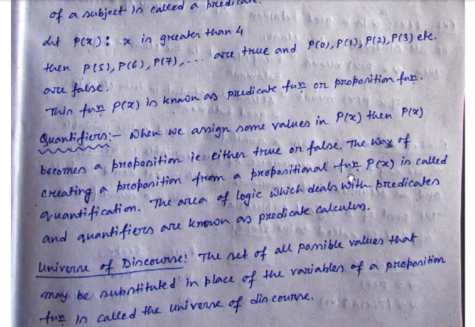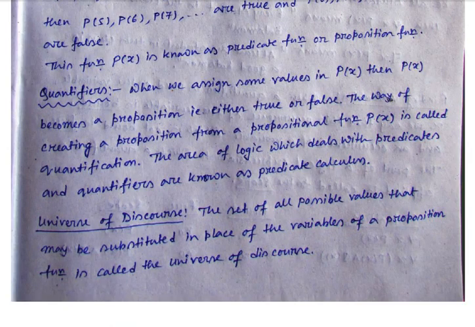Such a thing is known as quantification. That is, the way of creating a proposition from the propositional function P(x) is known as quantification. This area, which discusses predicates and their nature combined with quantifiers, is known as the predicate calculus.